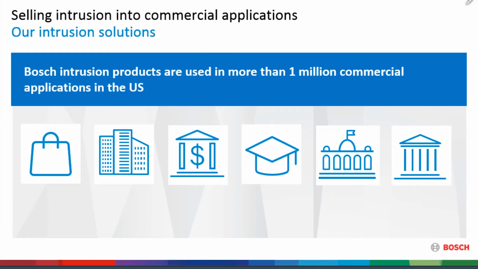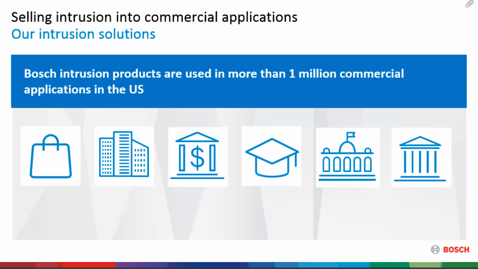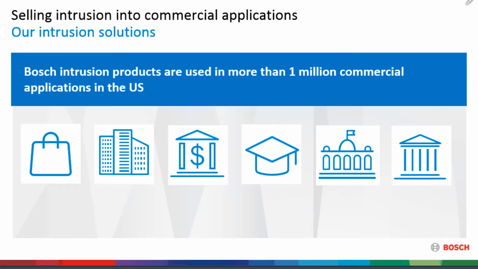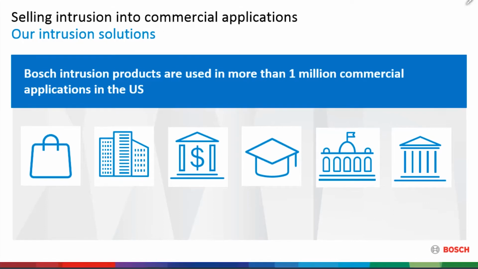You look at these verticals and you say, well, those verticals really have some specific needs. A banking job is really a lot different than an education, a K through 12 school or maybe a store. But what's interesting and what's important to note about these applications is a lot of them also have a lot of similarities.